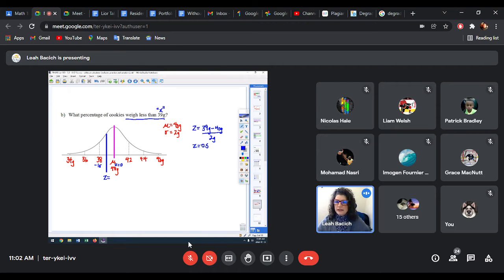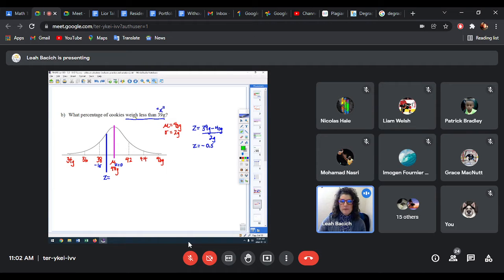Actually, sorry, negative. If I watch my signs, negative 0.5. Is negative 0.5 between -1 and 0? Yes, it is. So I know I'm on the right track here. It has to be between these two guys based on its mass.